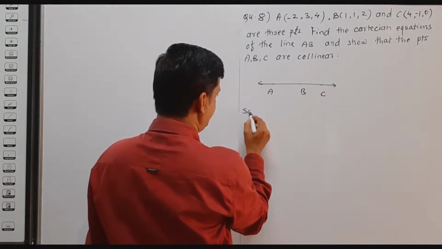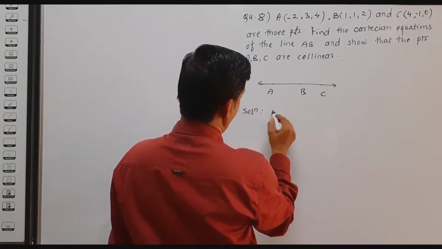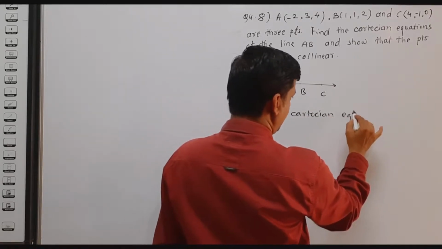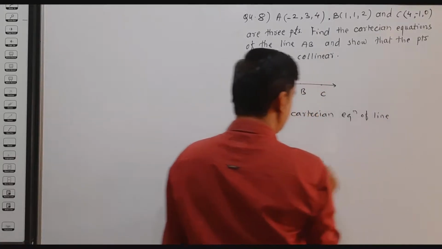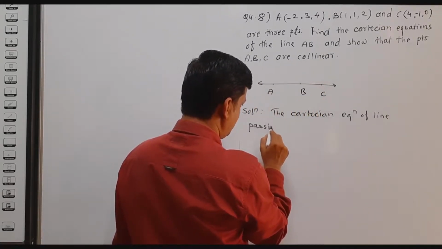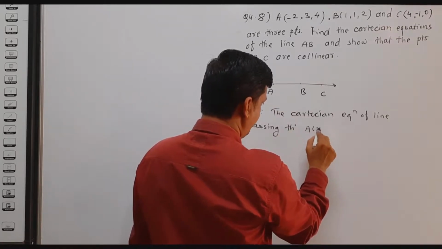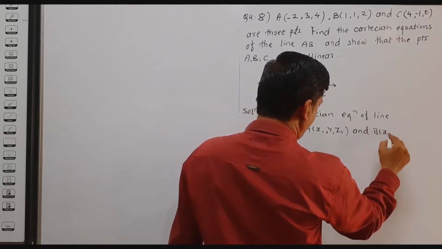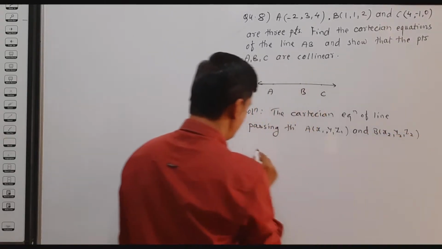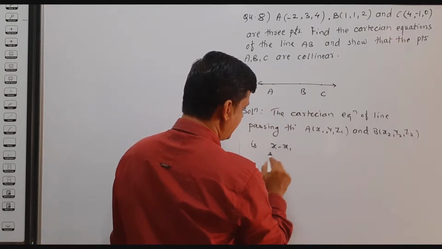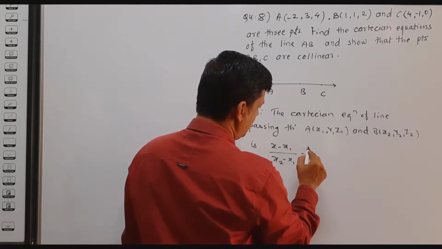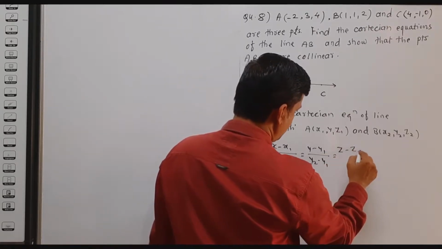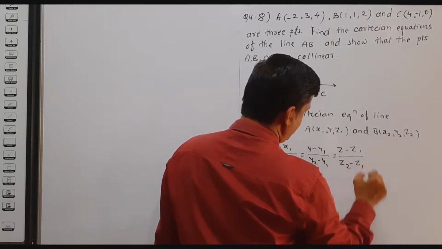So write in the solution: the Cartesian equation of the line passing through A(x1, y1, z1) and B(x2, y2, z2) is (x minus x1) upon (x2 minus x1) equals (y minus y1) upon (y2 minus y1) equals (z minus z1) upon (z2 minus z1).